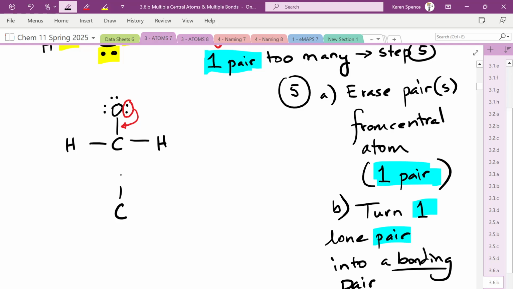So now we have oxygen. We still have 2 lone pairs. You can put them wherever you want, but I'm going to put them just symmetrically, okay? But now that red pair is forming a second bond in a double bond, okay?